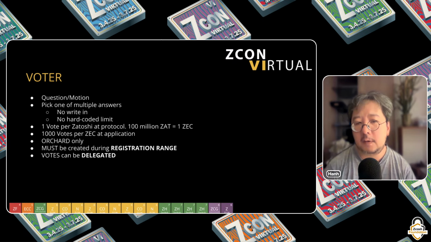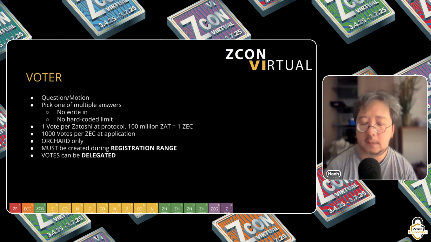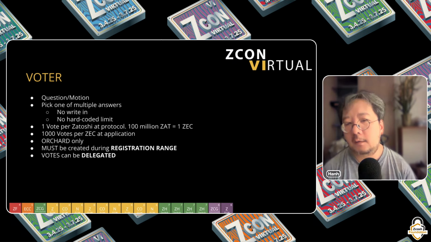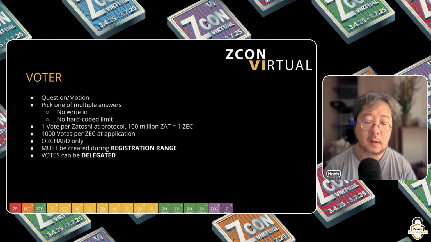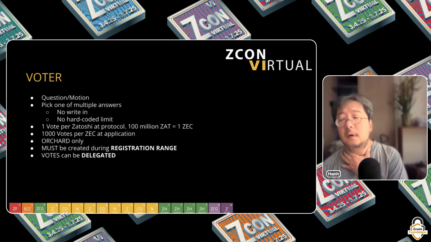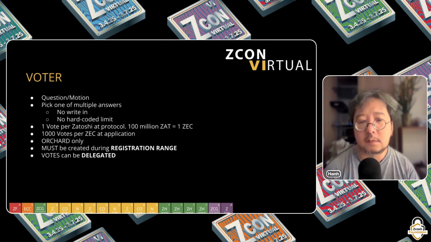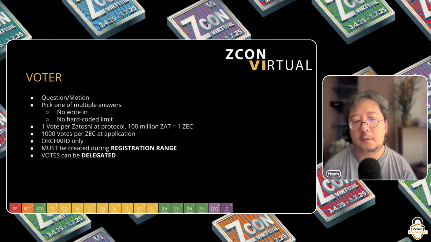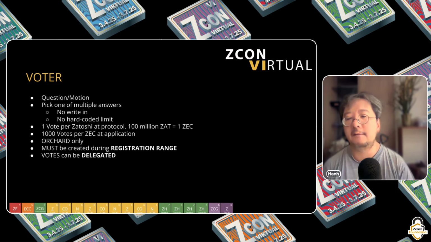They have to pick one of the possible answers. So we don't have the ability to do a write-in at this point. Technically, it should not be very hard to support the write-in. It would be possible just by adding a message, an encrypted memo associated with the ballot. But at this time, there doesn't seem to be much demand for that.